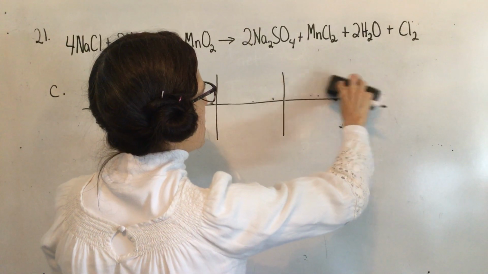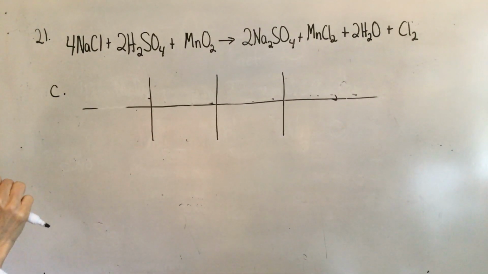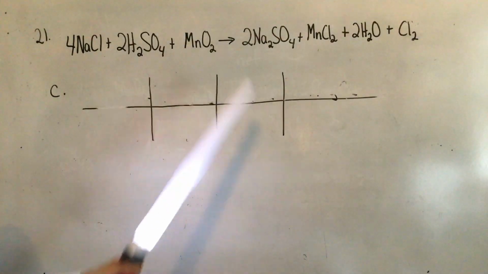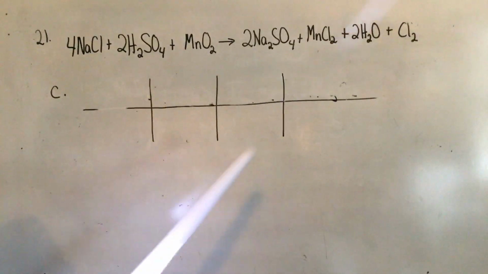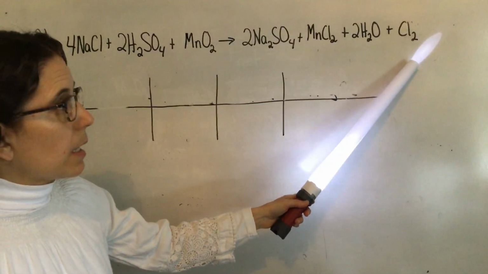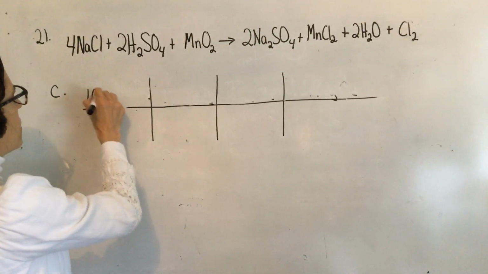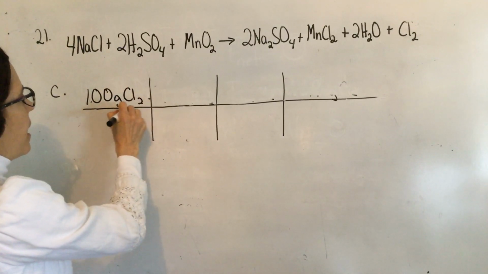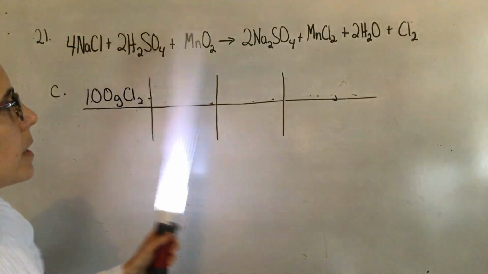But letter D threw some people off because it says how many grams of sodium chloride must react to produce 1 gram of chlorine. The number they're giving you is 1.00 grams of chlorine, and that's a product, right? But it's asking about a reactant.